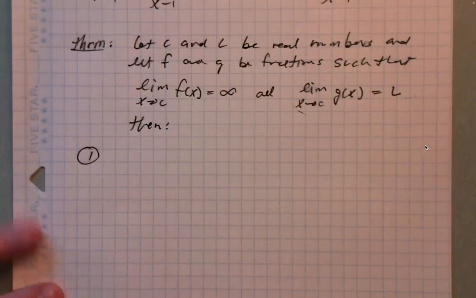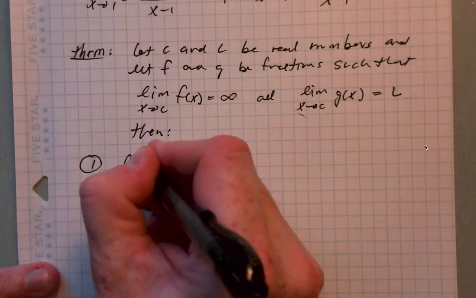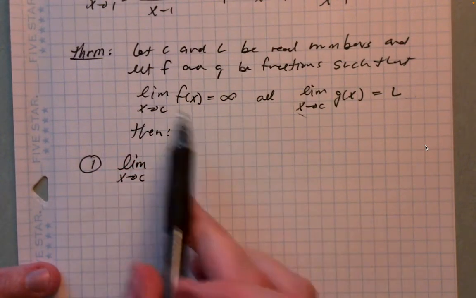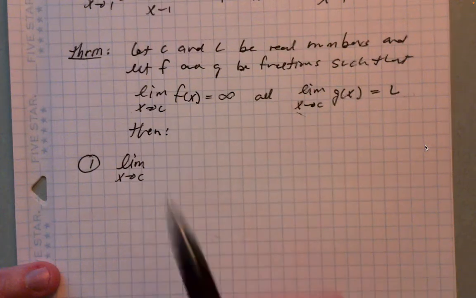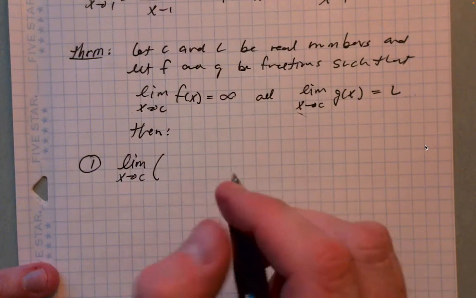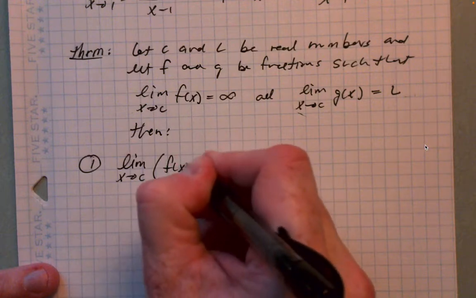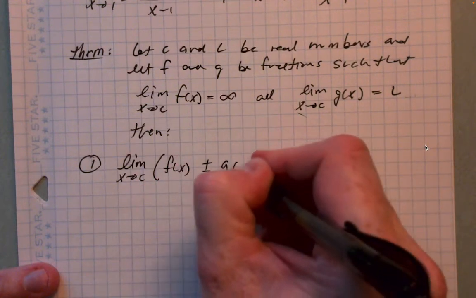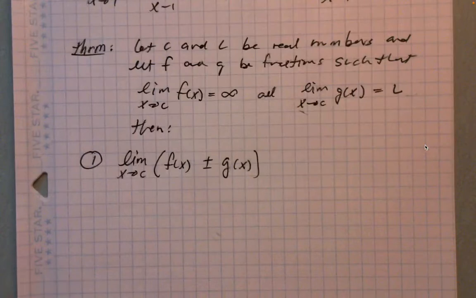So there's a couple of things that we explore here. The limit as x approaches C. Now notice they're both approaching C. So the limit as x approaches C of the sum or difference. Can we imagine what would happen?